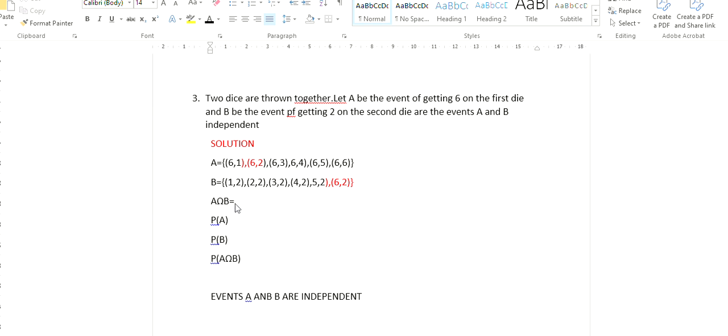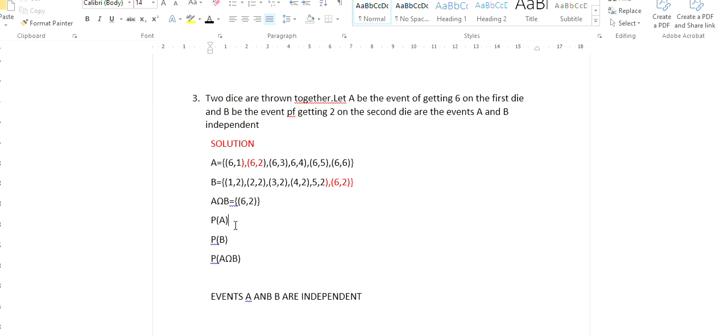So now we have to find out whether they are independent. What is the condition? A should not depend on B, or B should not depend on A. That is the meaning of independent. So what is the intersection? 6 and 2. How many combinations do we have? 6 comma 2. If there is any intersection, we have to write it to prove that they are independent.